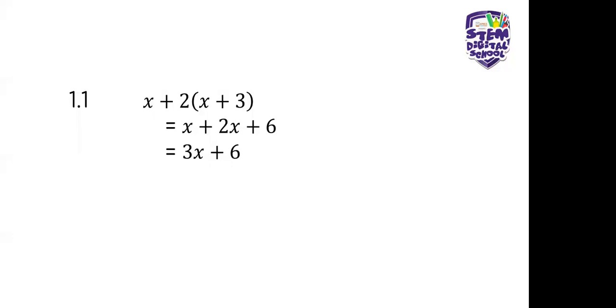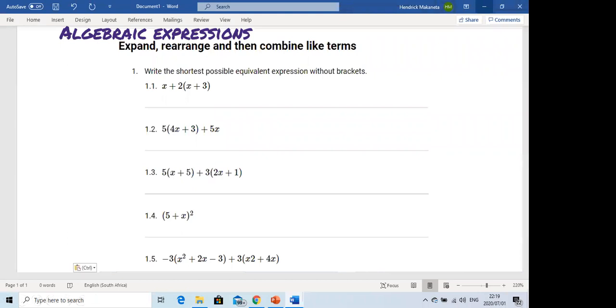Buhle, let me repeat it. I see that you need some more explanation. What I'm saying here is this is the expression. Remember, we said that you need to write the shortest possible equivalent expression without brackets. So meaning that you need to break the bracket. Once you remove the brackets, there's no other way of removing the brackets without using multiplication. In other words, you need to multiply 2 by all the terms inside the bracket.